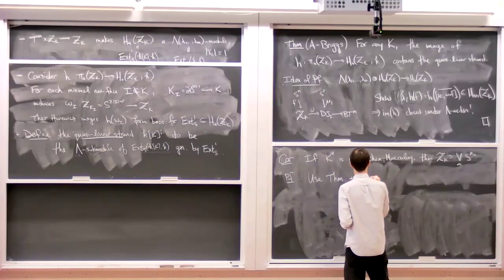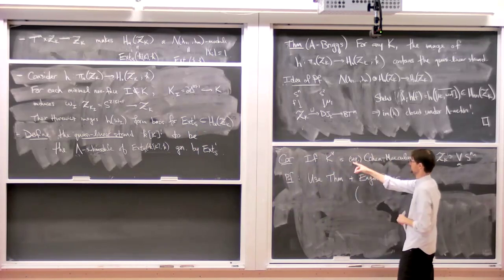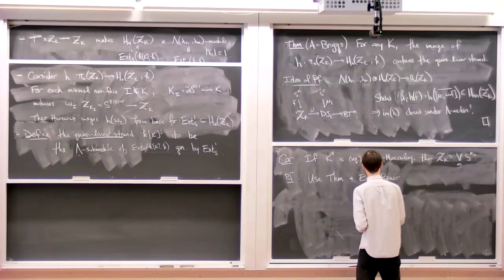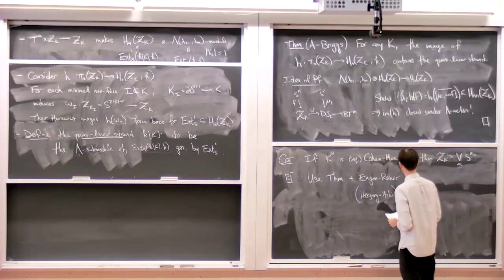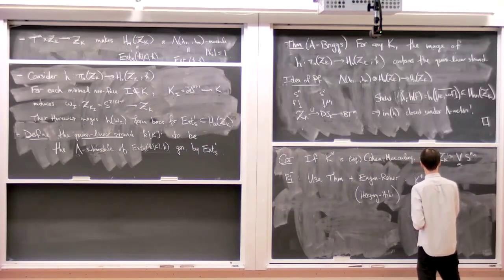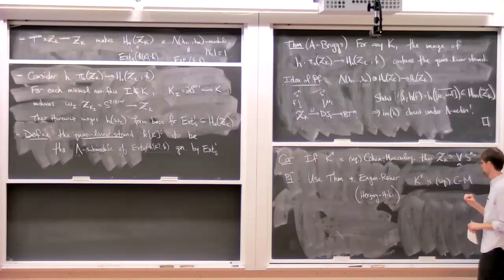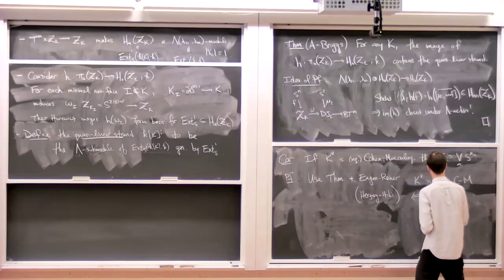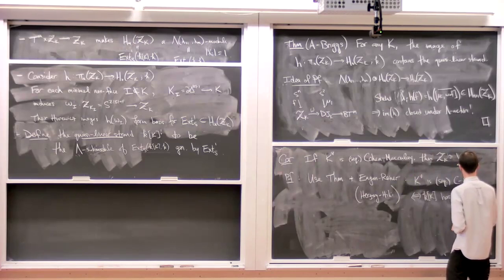So use either Reiner or, respectively, a result of Herzog and Hibi, proved in the 90s, saying this is Cohen-Macaulay, respectively sequentially Cohen-Macaulay, if and only if the Stanley-Reisner ring of K has a componentwise linear resolution.